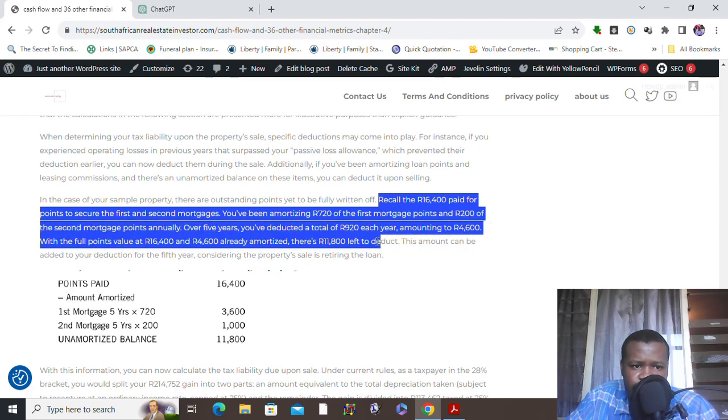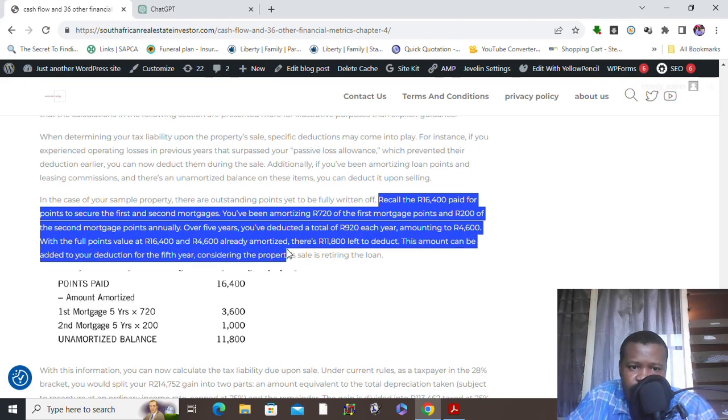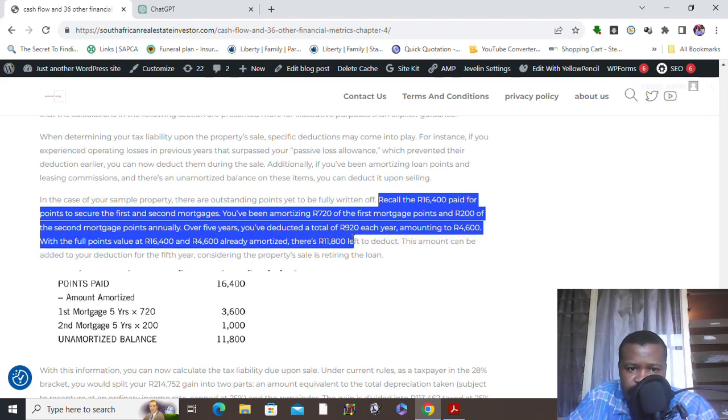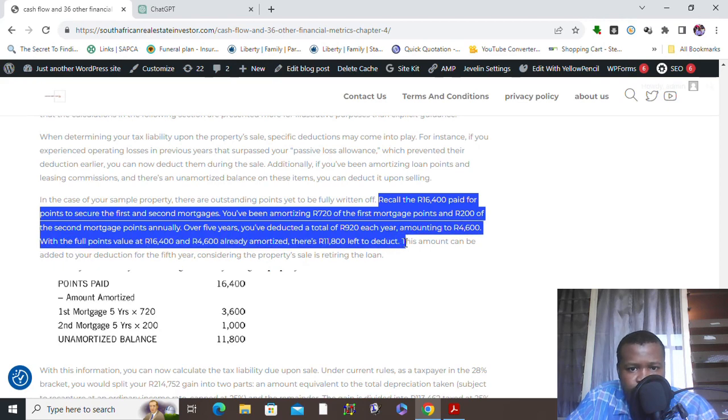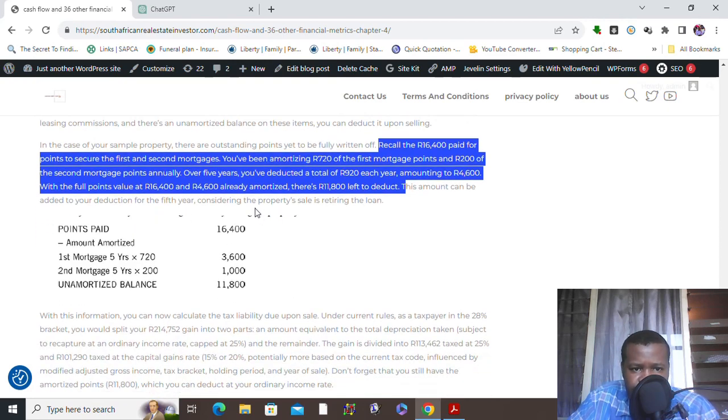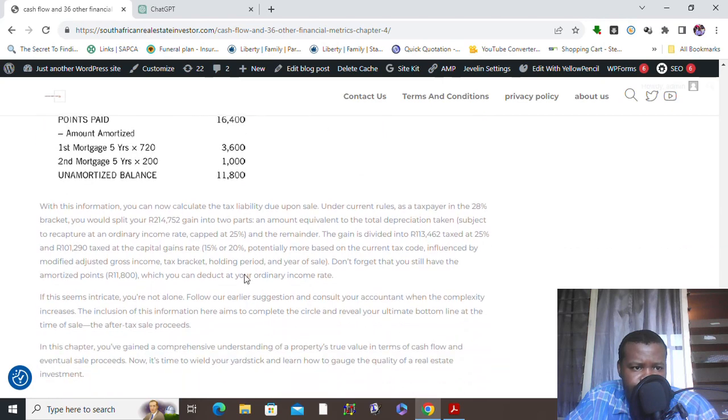Of the full points of 16,400, with 4,600 already amortized, there's 11,800 left to deduct. This amount can be added to the deduction for the fifth year, since the property's sale is retiring the loan. With this information, you can now calculate the tax liability due upon sale.